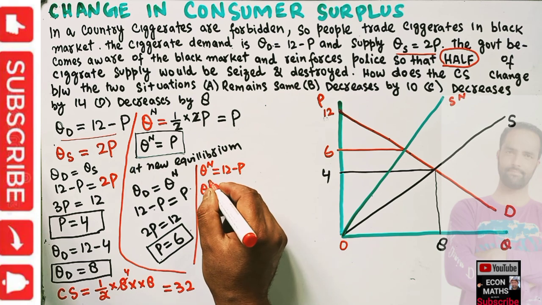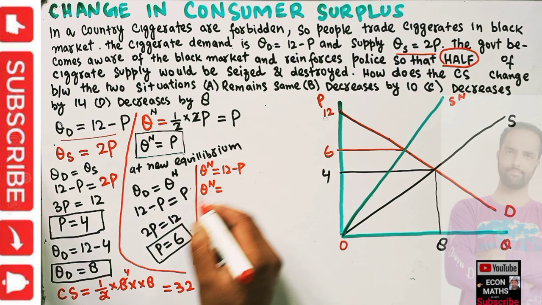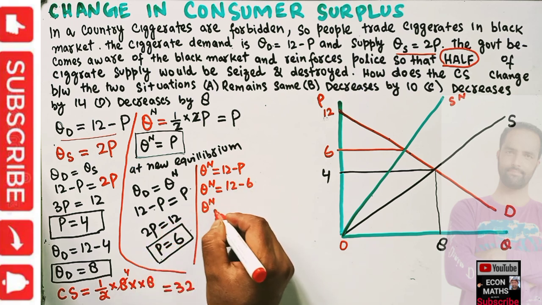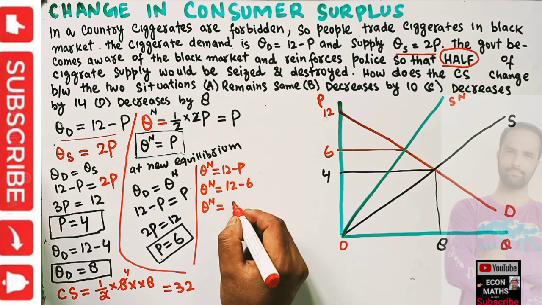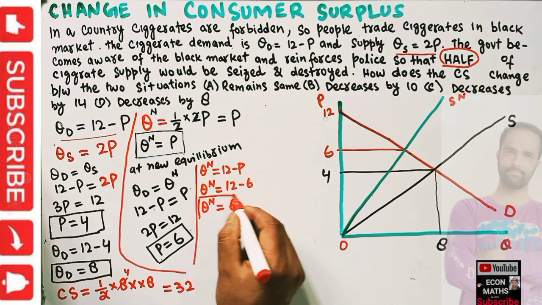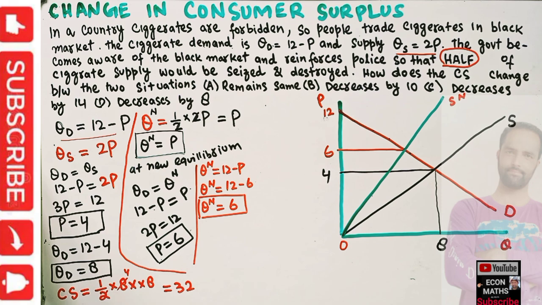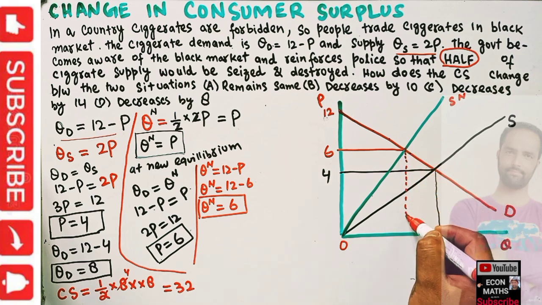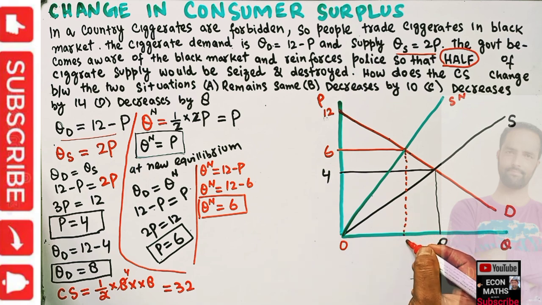So 12 minus p is 12 minus 6, that means the new quantity demanded will be 6, and obviously the new quantity supplied is 6. So these are our new quantity at equilibrium and new price at equilibrium. So let me draw it here like this. So we have 6 here.